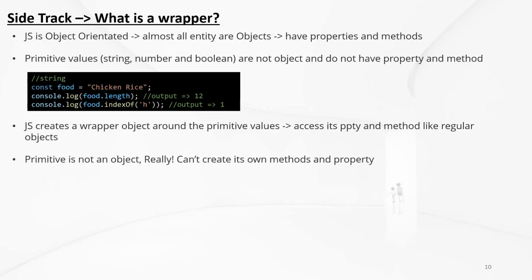So a primitive value is not an object, really, because it can't create its own methods and properties.